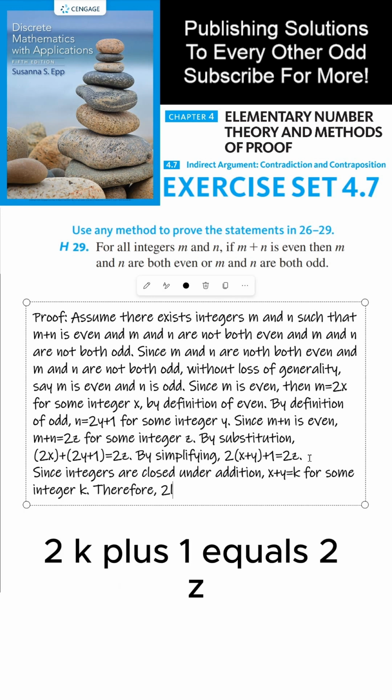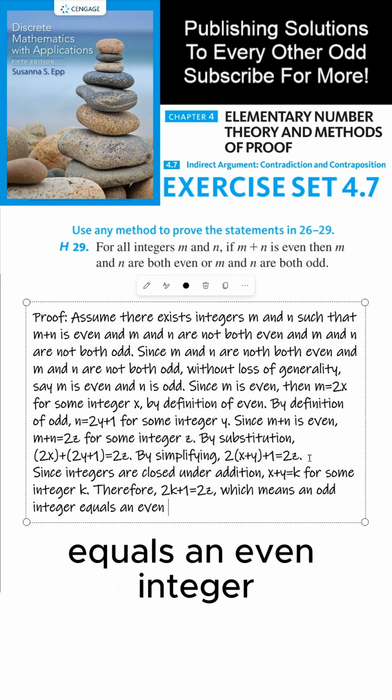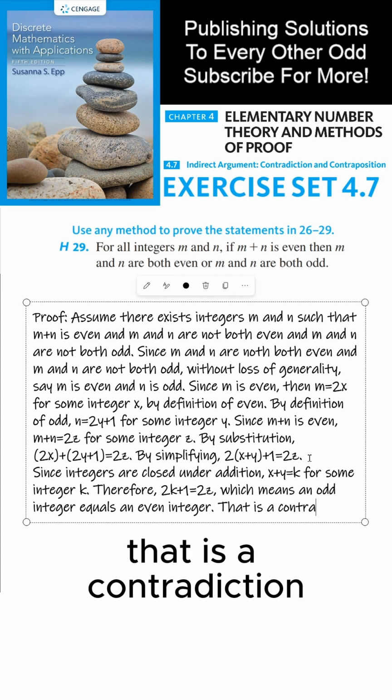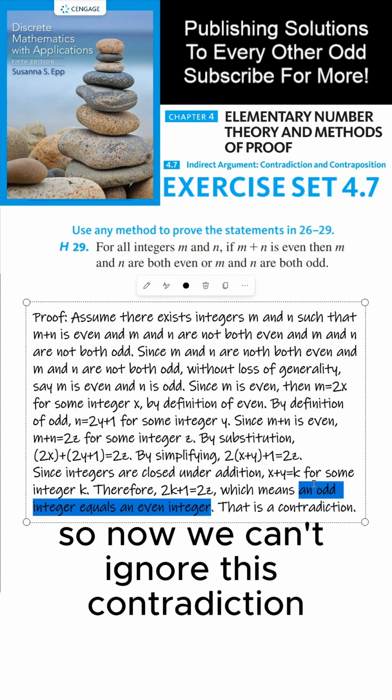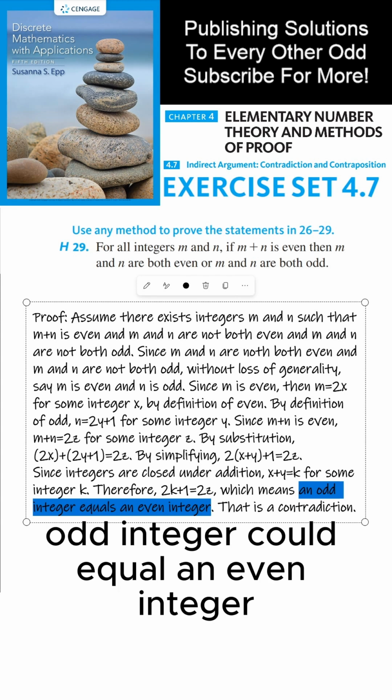So therefore, 2k plus 1 equals 2z, which means an odd integer equals an even integer. That is a contradiction. So now we can't ignore this contradiction. This contradiction is so in your face. There's no way an odd integer could equal an even integer.